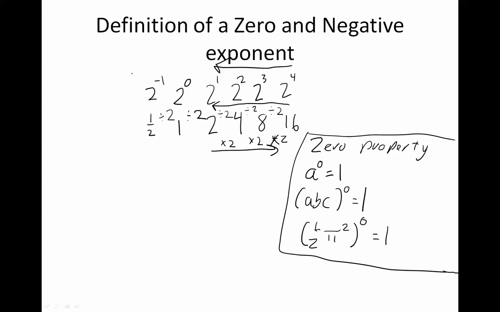Let's continue it one more time. 2 to the negative 2, I'm going to divide 1/2 by 2. 1/2 divided by 2 is 1/4. Notice that the 4 here and the 4 here are the same, right? 4 is just 2 squared. Let's go down 2 more times: 2 to the negative third and 2 to the negative fourth.